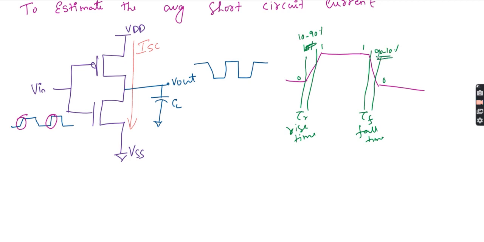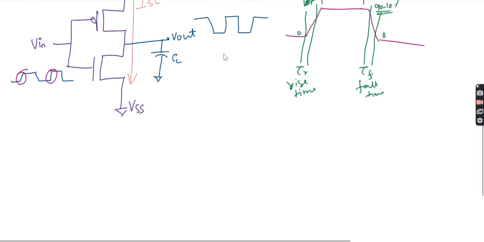So the time taken from 10 to 90% is the rise time. During this time there will be some short circuit. Gradually when the input increases, this transistor will be on, and this transistor will also be on. So automatically there will be a direct path from VDD to VSS, or some short circuit.